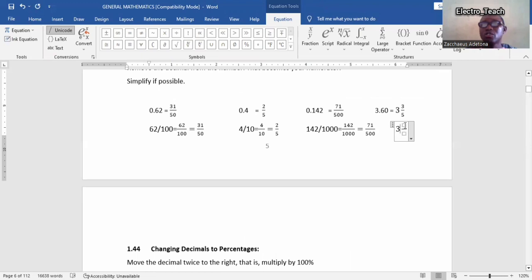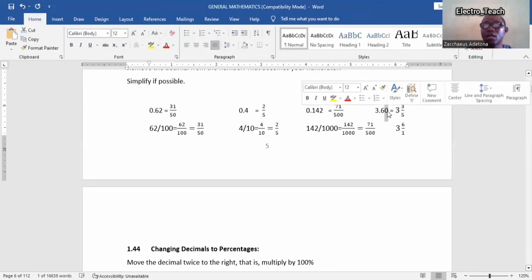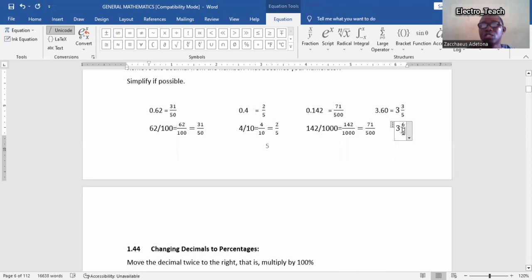So the 0.6 will be converted into a fraction. 0.6, that means we have 6 as the numerator, and then we have 1 starting from the decimal point. The decimal point will be 1. How many digits follow? This 0 is not counted. A 0 after the last decimal number is of no value, so it doesn't count. So we now use only 1 digit. We add 0 to the 1.